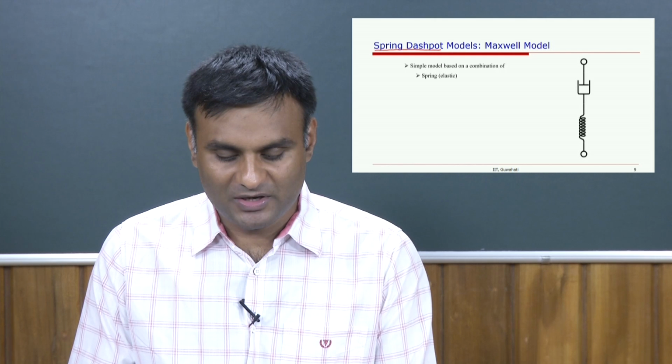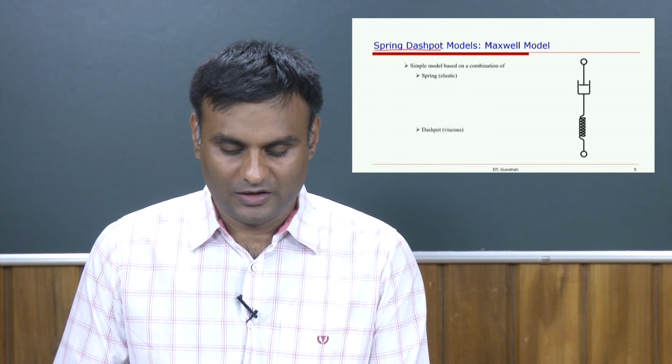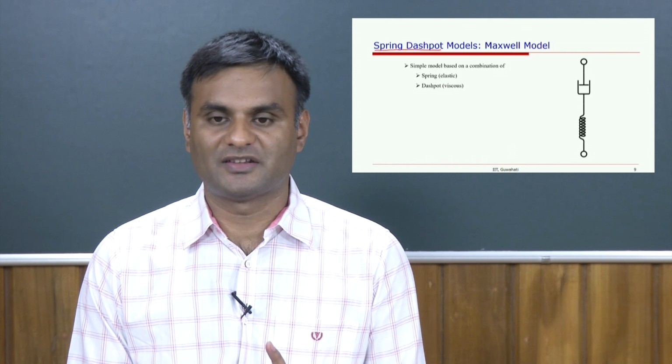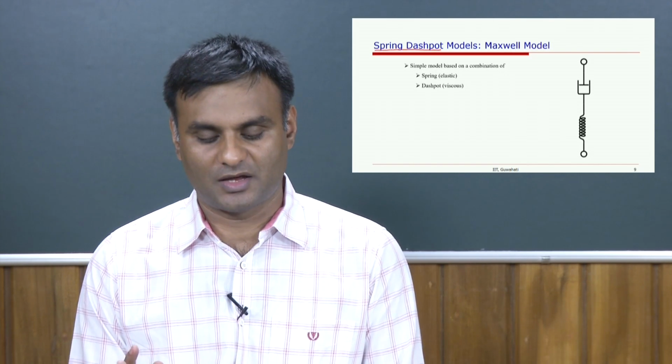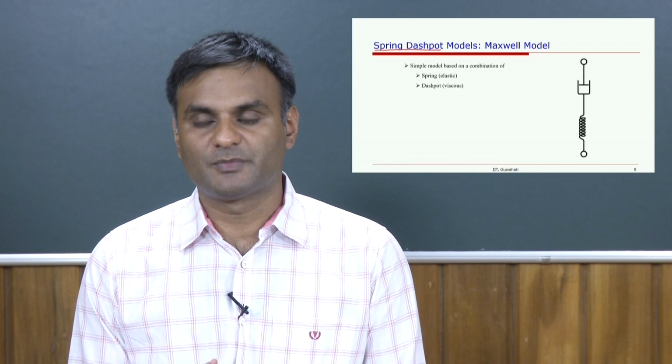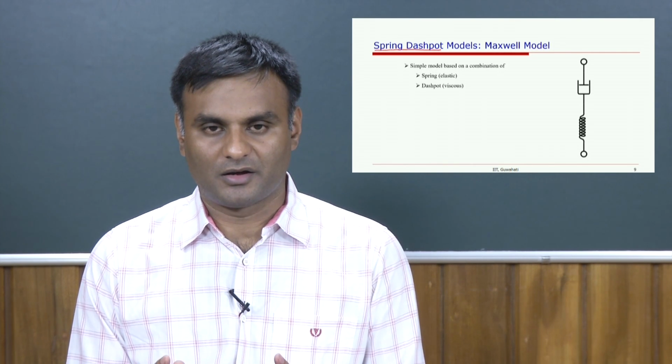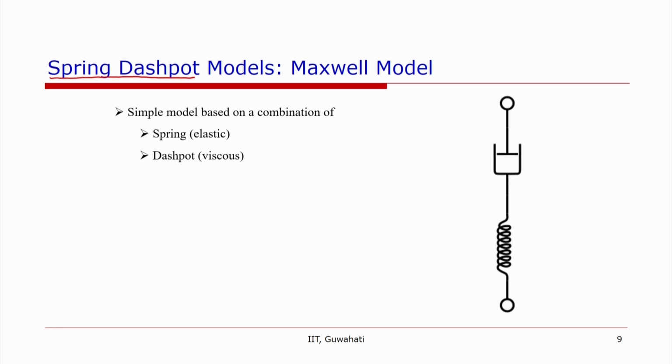So, it is a combination of spring and dashpot, two components, one showing elastic behavior and the other showing viscous behavior. Different combinations of components can be used to model the rheological relationship for viscous and elastic fluids.